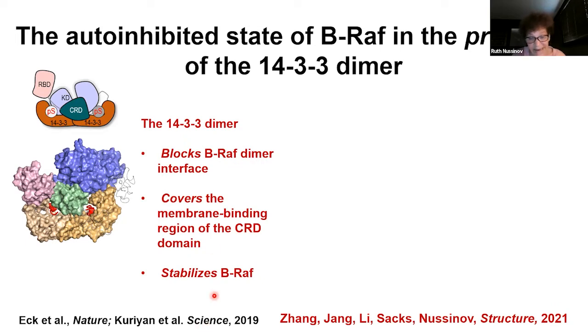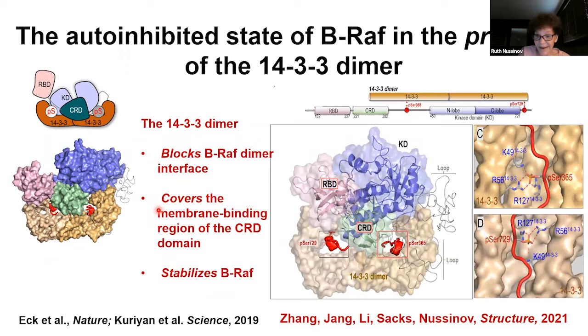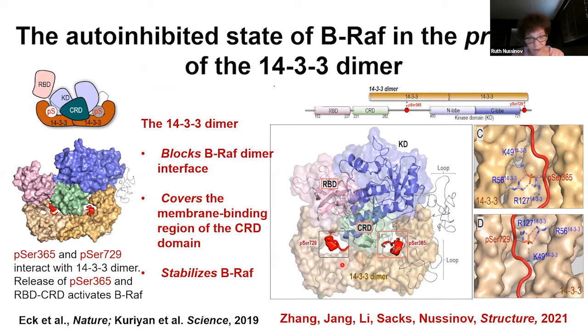Of course, it stabilizes the autoinhibited state of the B-Raf isoform, all of which explains why the 1433 is there. And here are the details of the two phosphorylation sites on RAF, which interact with the 1433. The release of this one, the phosphorylated serine at position 365, and the RBD CRD then activates the RAF.